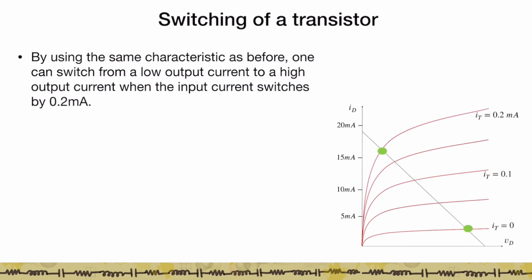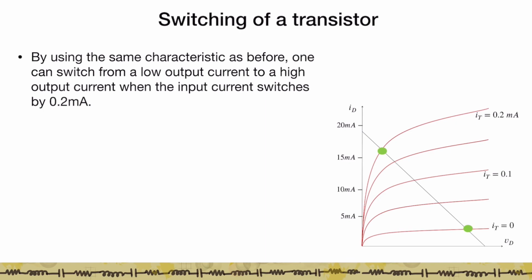Now the same thing can be thought of also from the point of view of switching. Suppose I'm able to turn on and off a switch that is connected as input, where when the switch is turned off, I have 0 current flowing into the control terminal, and when the switch is turned on, I have 0.2 milliamps current flowing into the terminal. What you see is that ID also shows 2 stable states.